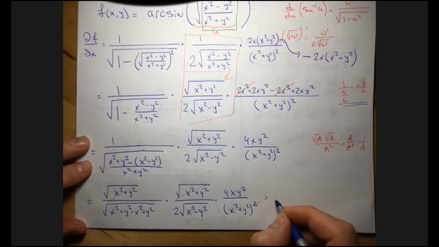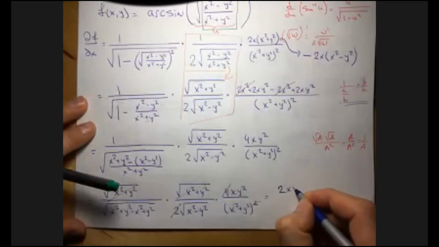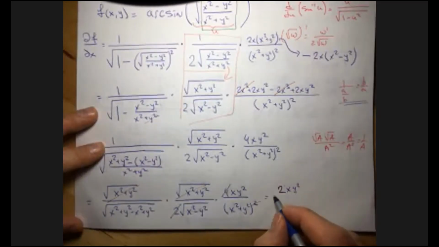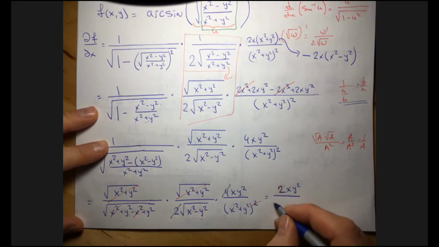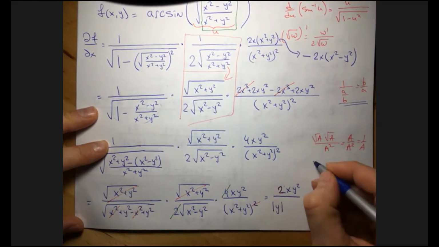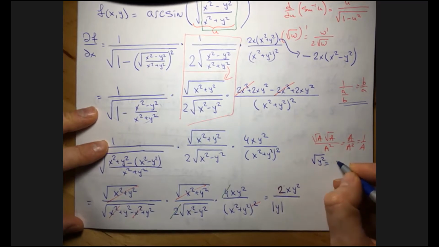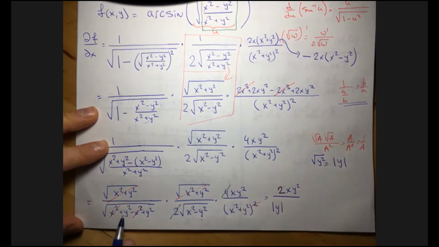So I get 2xy squared over x squared, and x squared cancels out. So I get square root of y squared, it's absolute value of y. Square root of y squared is absolute value of y, right?